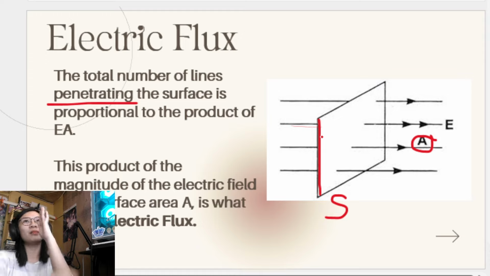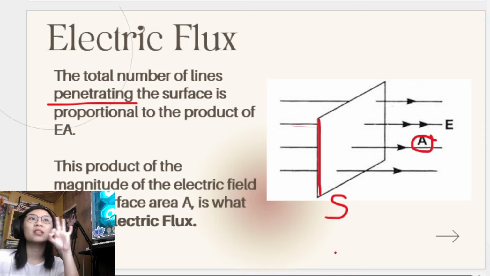The more the surface tilts, the smaller the electric flux, because fewer electric field lines penetrate it.